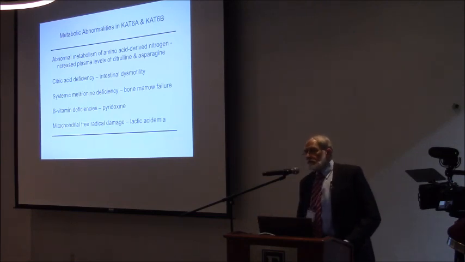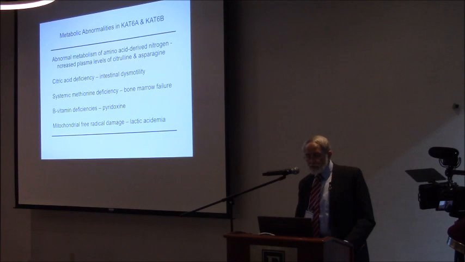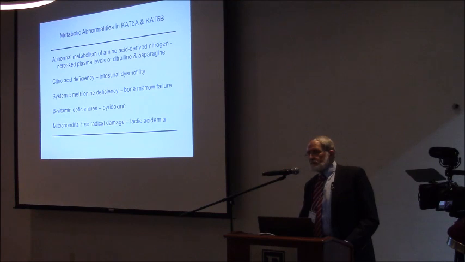So that's the first test that I'd done on more than just one patient. And indeed, there are abnormalities in amino acids, in particular citrulline and asparagine, sometimes arginine and ornithine. We don't know exactly why this occurs, but it has something to do with how ammonia is handled.